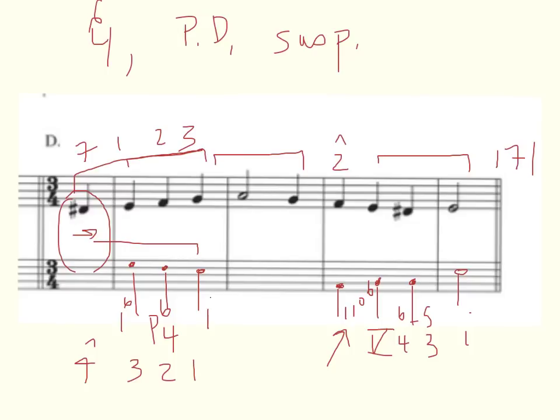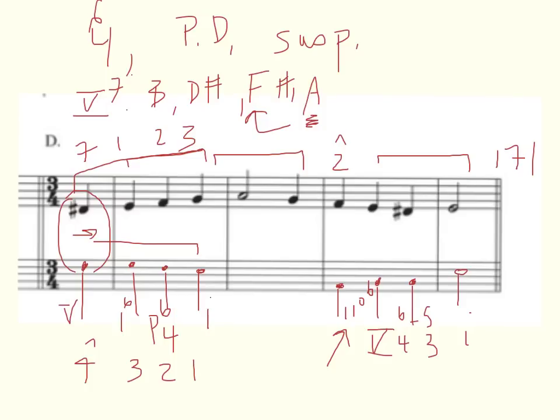So instead of putting the A in the bass, and remember 5 is spelled B, D sharp, F sharp, A, how about instead of getting that A in there, I go down a little bit to F sharp. Still lets me keep a stepwise bass, and I've got a little bit of space there. That turns out to be a 5/4/3.